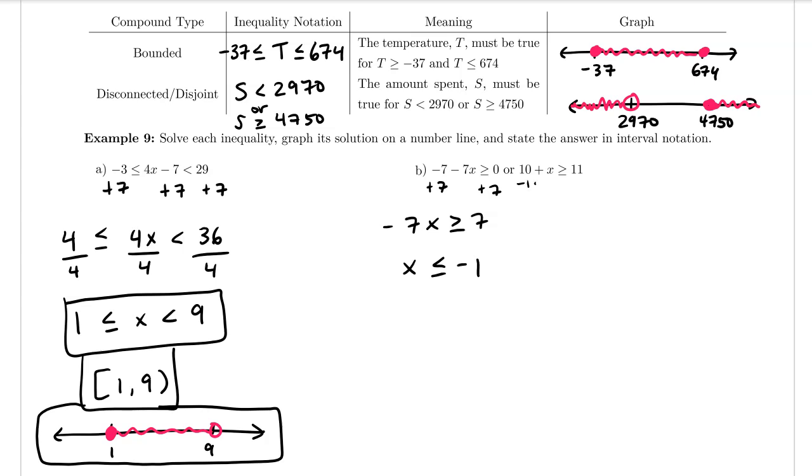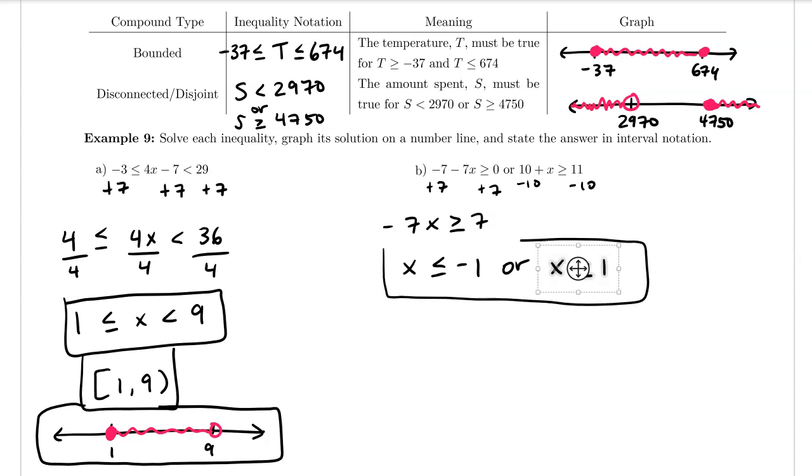And then in this one, I'm going to subtract 10 from both sides, and I'm going to get x is greater than or equal to positive 1. And so if we combine those, here is our answer for part B in inequality notation.